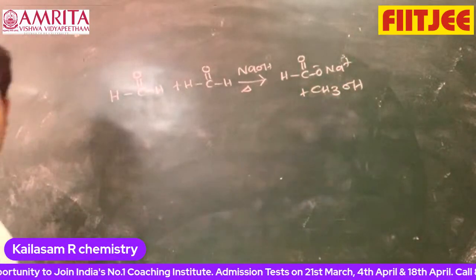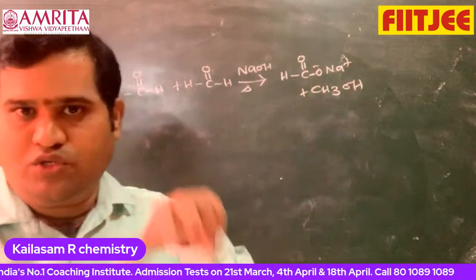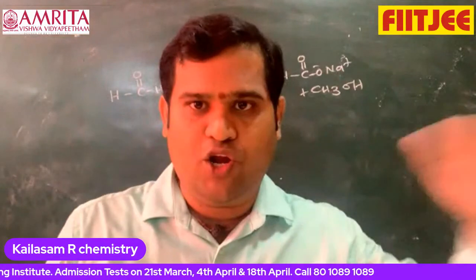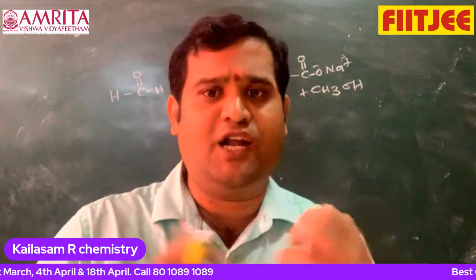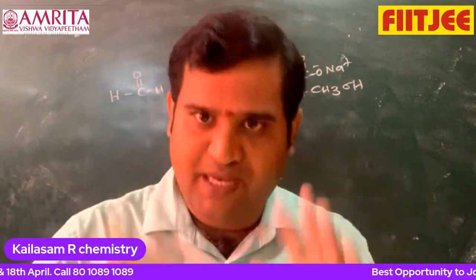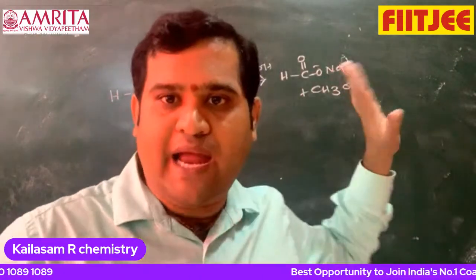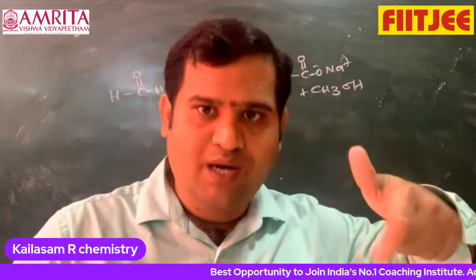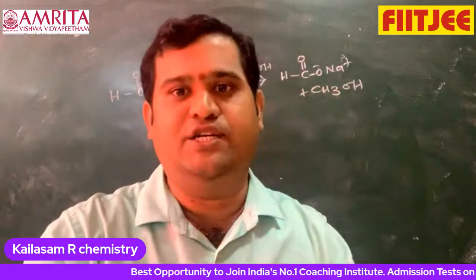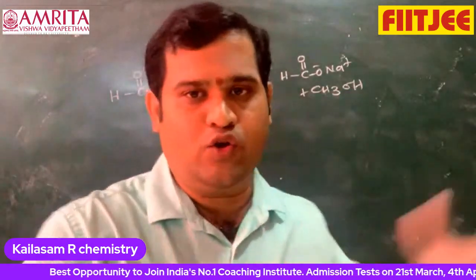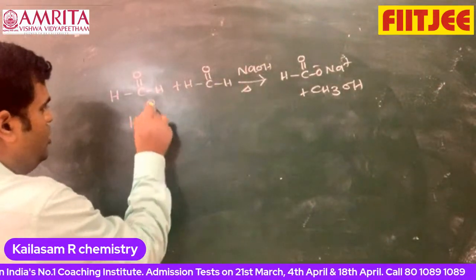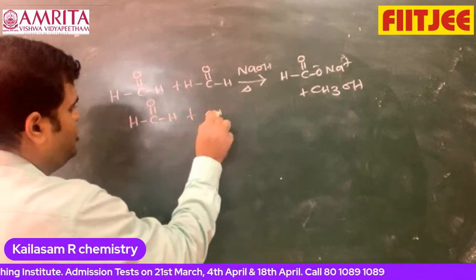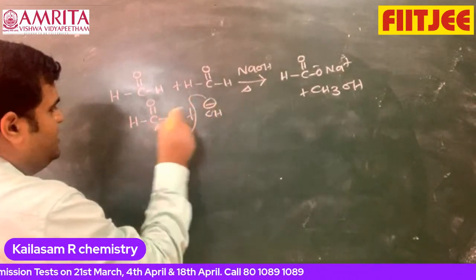Fine. Here the slow step is not addition of the nucleophile. Here the slow step is hydride transfer, because order of reaction can be found out experimentally. So in the Cannizzaro reaction, the slow step is transfer of hydrogen, hydride transfer. Look at the mechanism. I'm taking H, C double bond O, H, and OH minus attacks there.